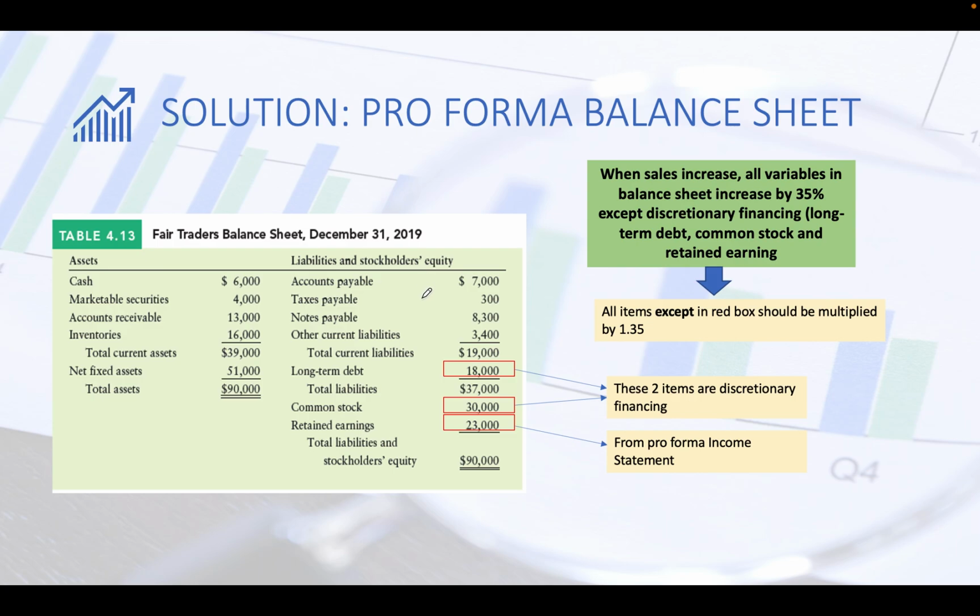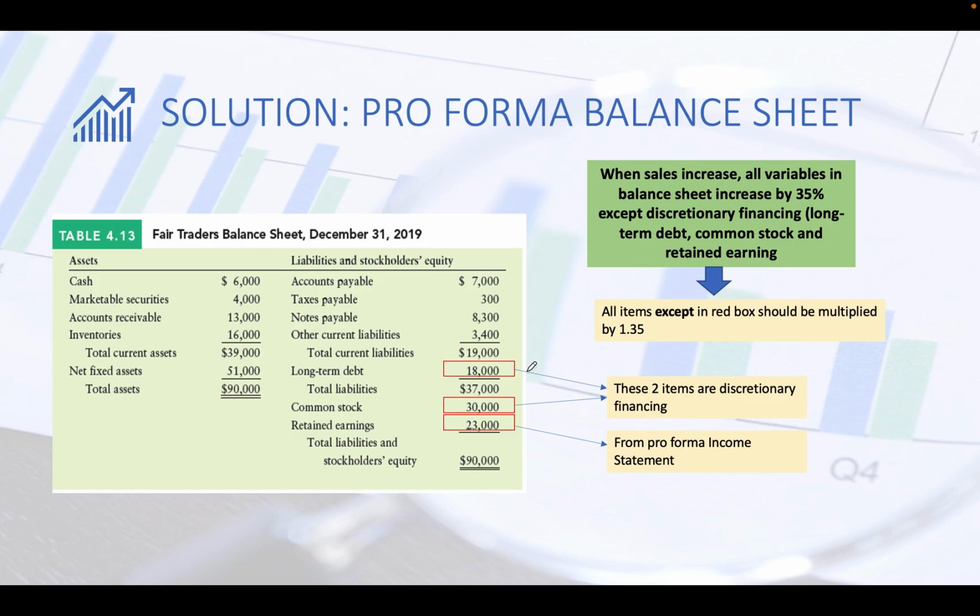Okay. So in balance sheet, item dalam balance sheet kita kena faham mana item yang dia naik secara automatik bila sales naik dan mana item yang memerlukan keputusan shareholder untuk berubah. Okey.